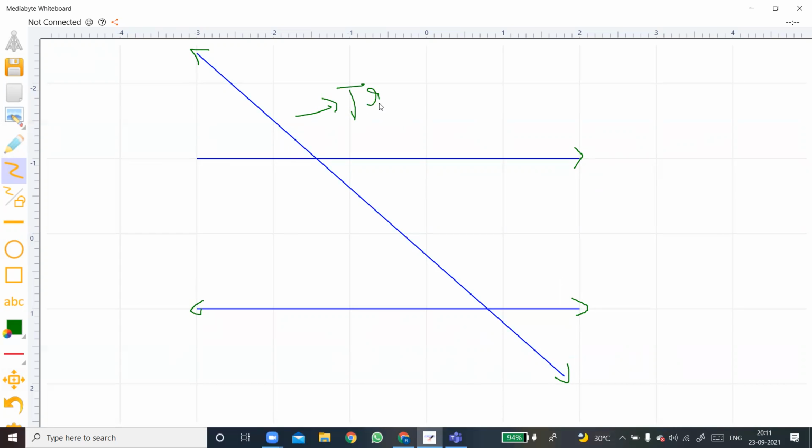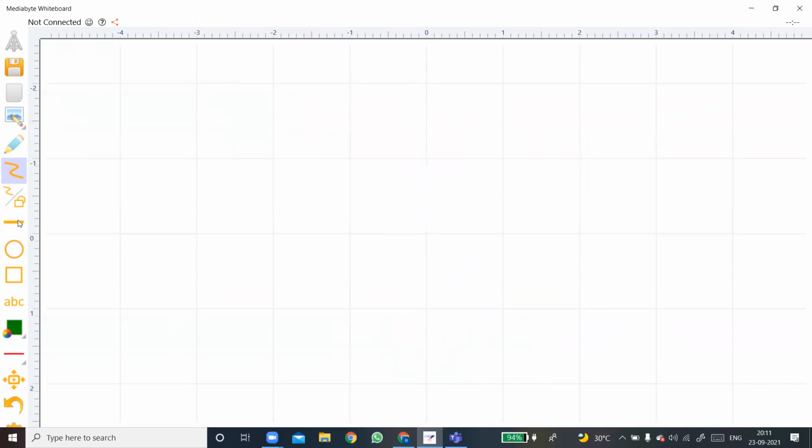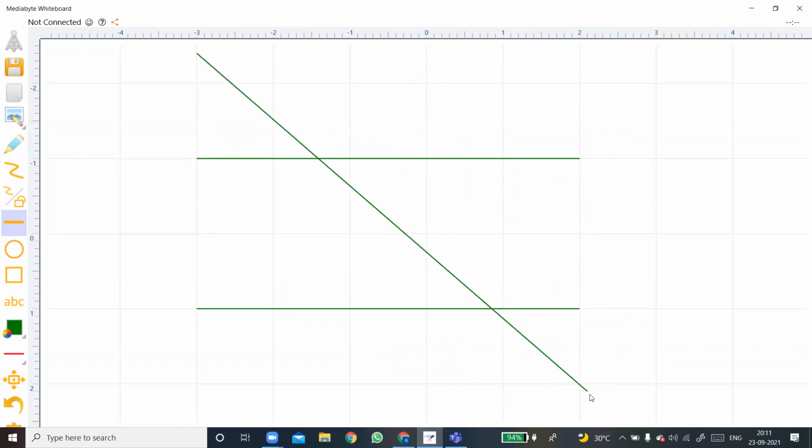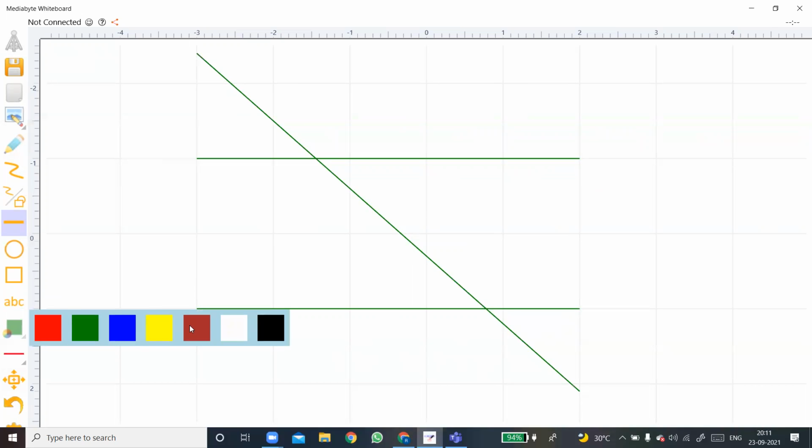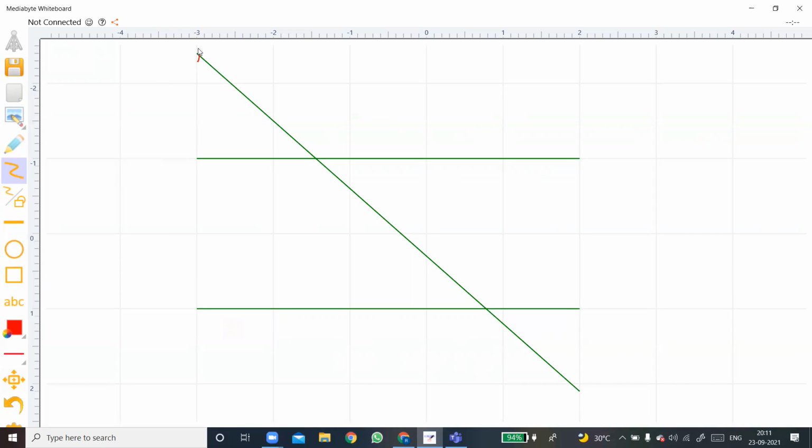Let's clear this page, draw the transversal again, and start marking the parts. We have drawn the transversal. I'll change the color and now draw the arrows for the parallel lines.